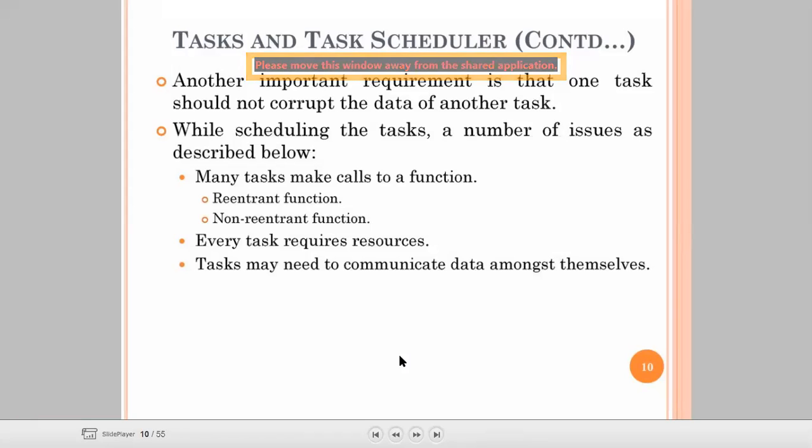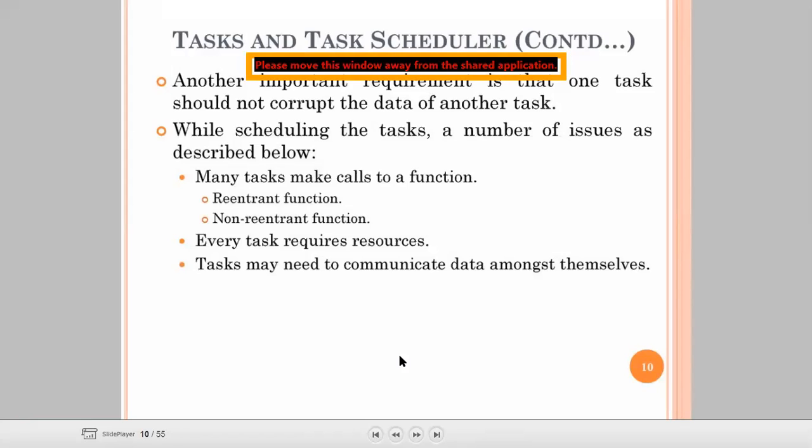While scheduling the task, a number of issues are raised. What are they? Different tasks may call a single function. How is it possible to use that function for different tasks?